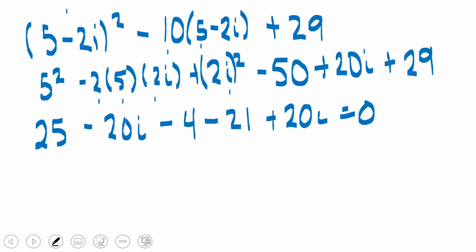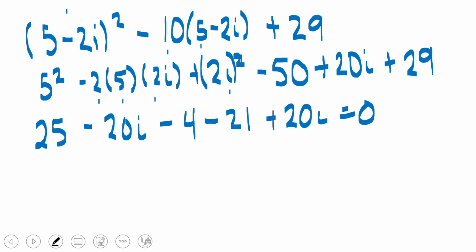Okay, when we go through and work this problem, we get, for this part, 2 times 2 and i squared. That's where the negative 4 comes from.